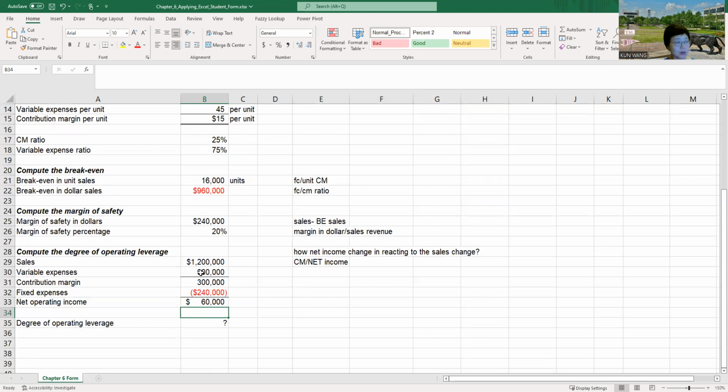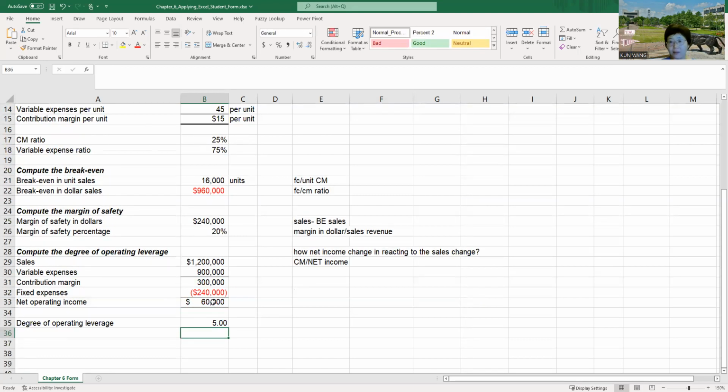So eventually we earned 1.2 million revenue with a contribution margin of 300, and eventually 60,000 net income. Then my operating leverage, contribution margin divided by net income, is 5.